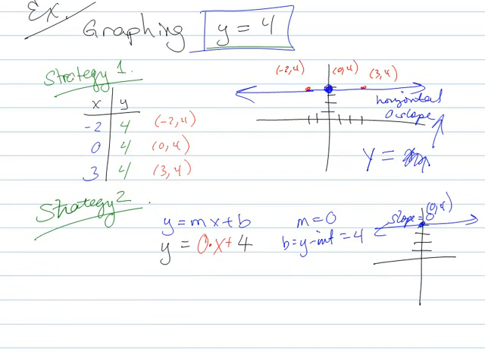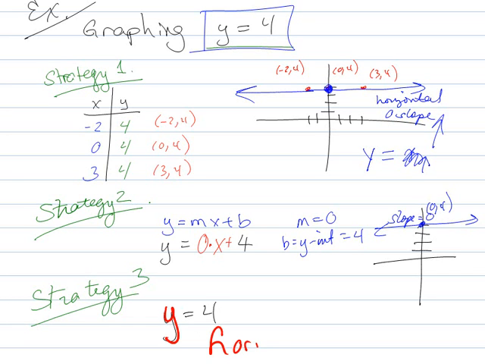There is a third strategy exclusive to Dr. Andrews' college algebra students, and that is this. Because I have girly y's, I think about how my y kind of looks like an upside down H, and H stands for horizontal.